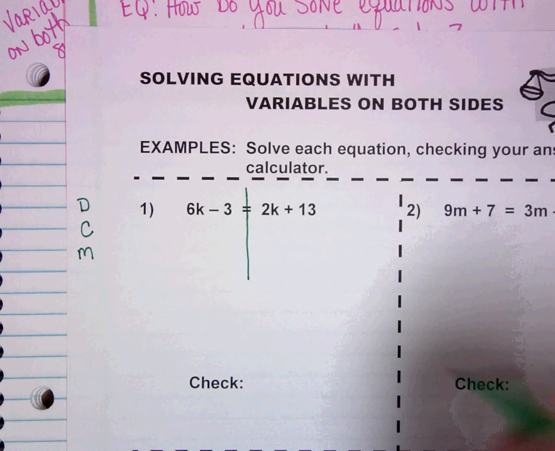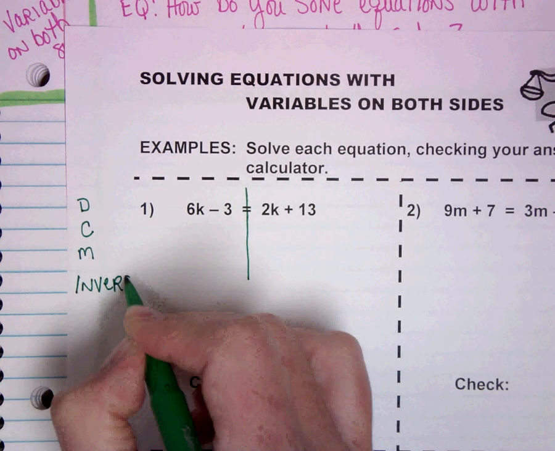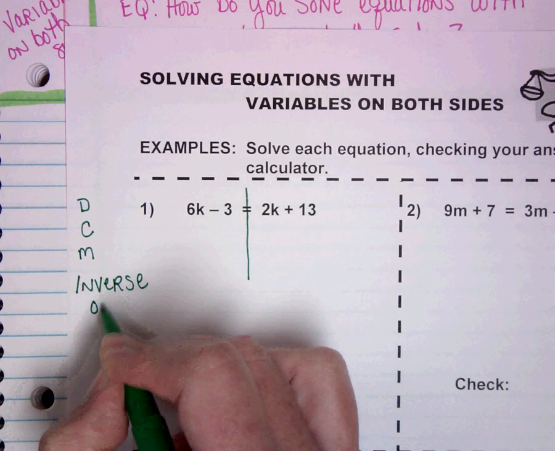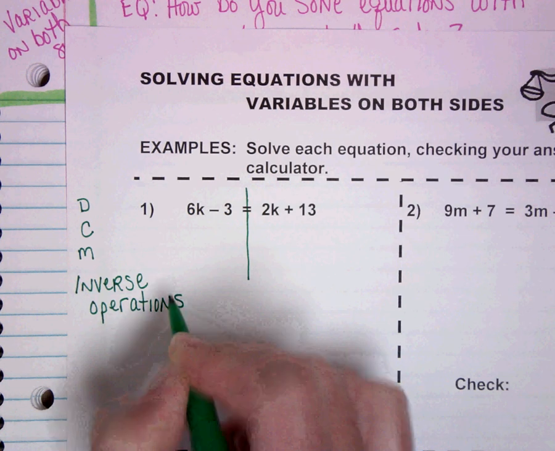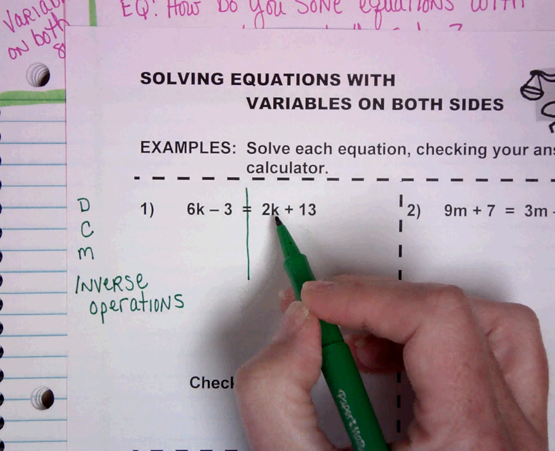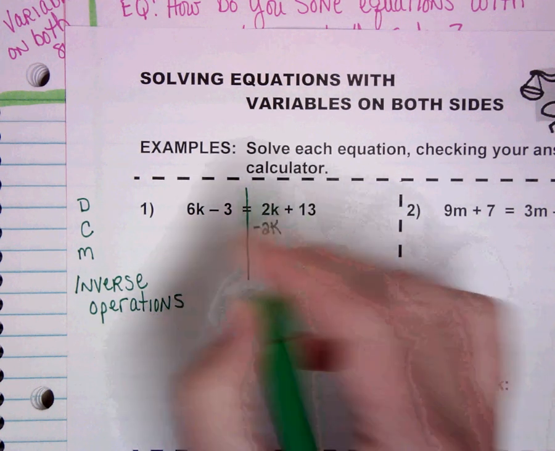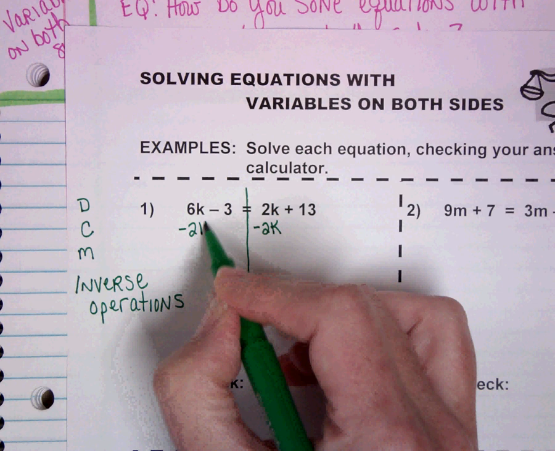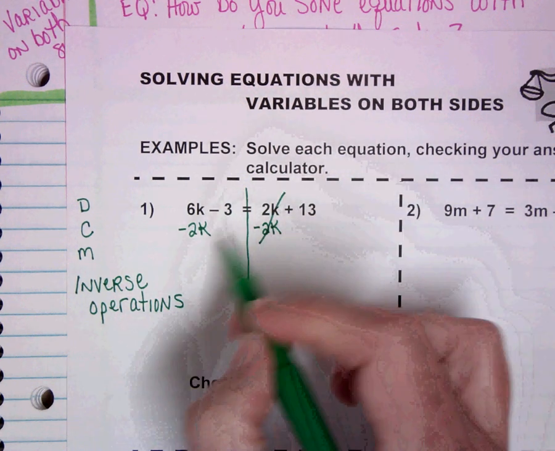And remember that the whole idea behind solving equations is to do inverse operations, or to do the opposite. So I would probably choose to move the 2K. The 2K is positive, so to move it, to cancel it out, and move it to the other side, I'm going to subtract it. Okay?